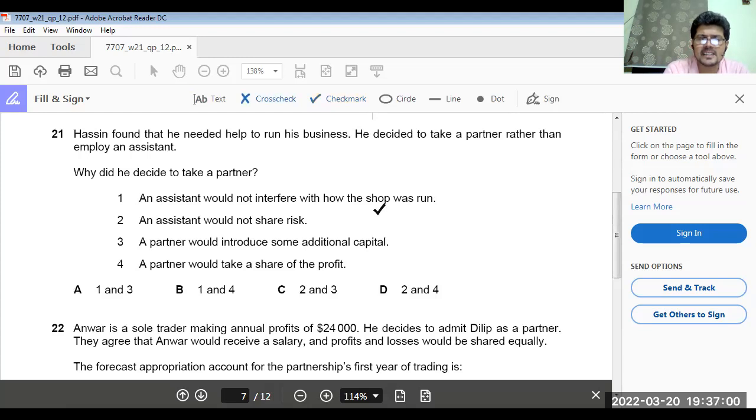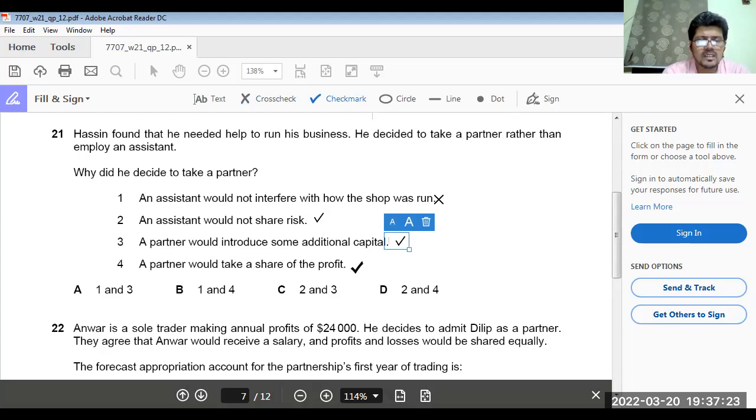So an assistant would not interfere is an advantage of having an assistant. He's not going to interfere. Assistant would not share risk. This is a disadvantage. Getting my point? That's why we prefer partner. A partner would introduce some additional capital. Okay. A partner would take a share of profit. No. Okay.